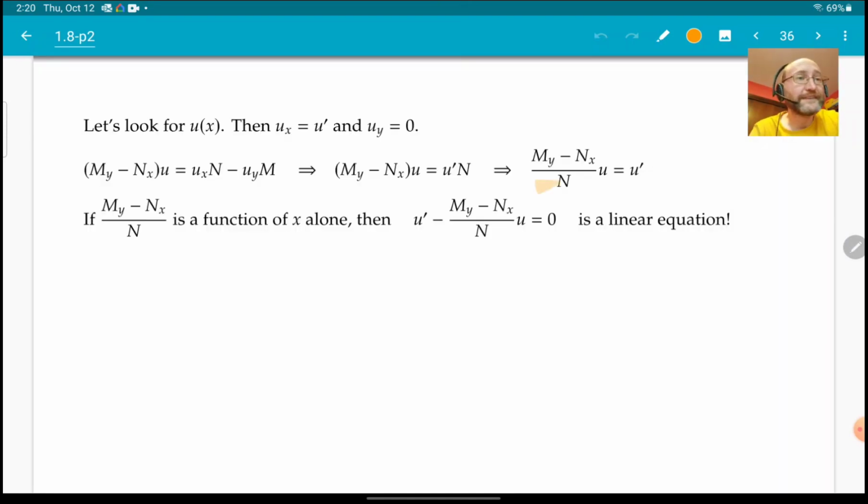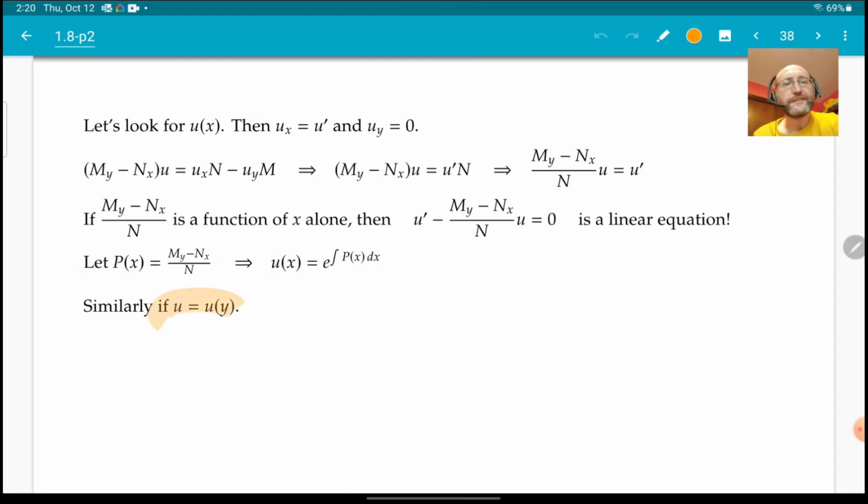So if this function happens to be a function of x alone, I have a linear equation in just x that I can now solve, right? There's no y in here anymore, right? Okay, so basically that's the thing, right? If this expression is a function of x alone, I solve this linear equation, right? And we can even write down exactly what the solution is using the integrating factor, right? It's this guy over here, right?